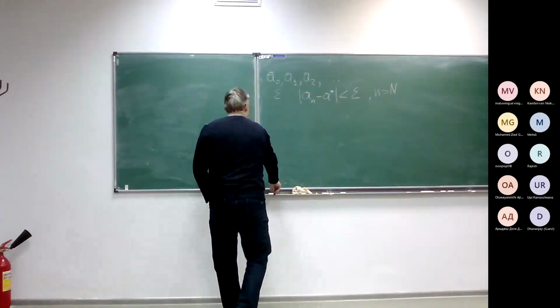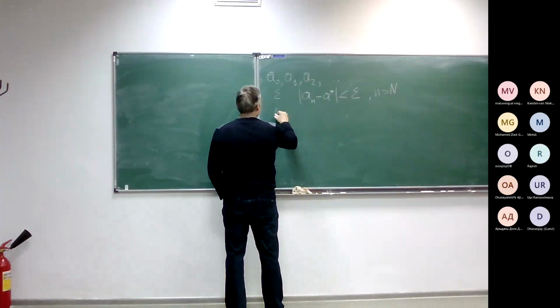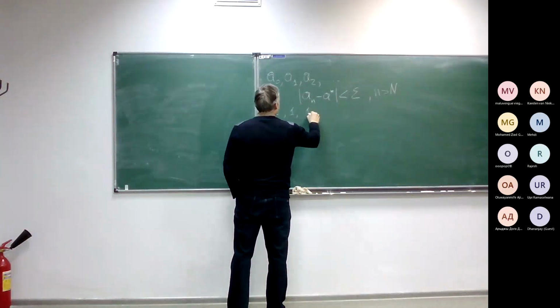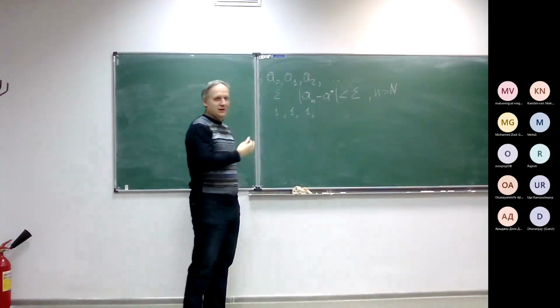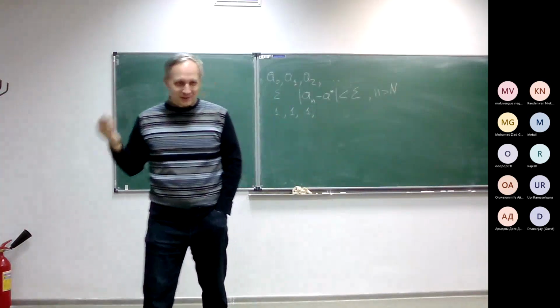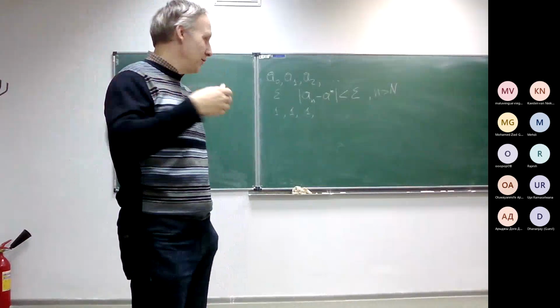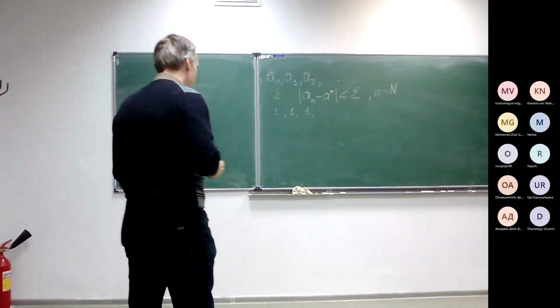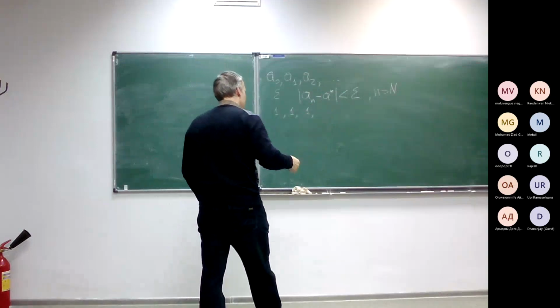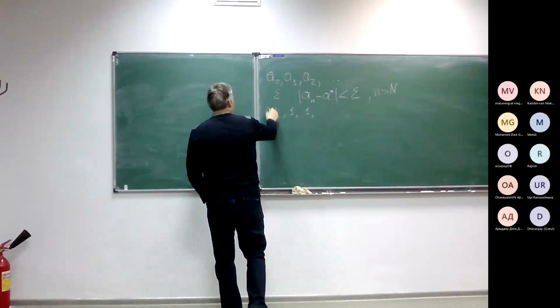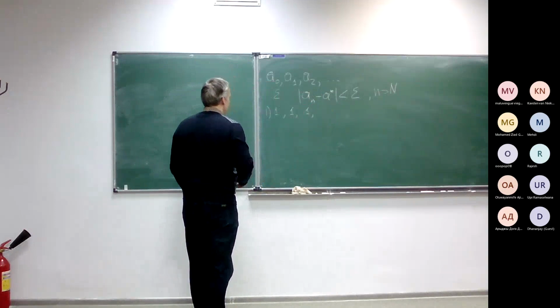For example, the sequence 1, 1, 1, and so on. What is the limit of this sequence? It's 1, because all the numbers are 1s. So this sequence has limit 1.